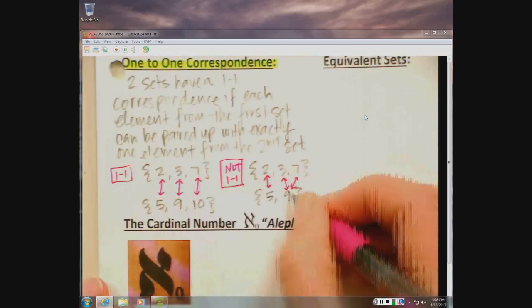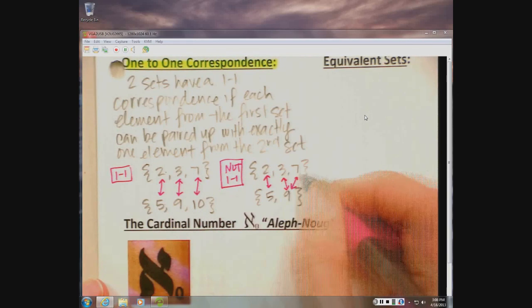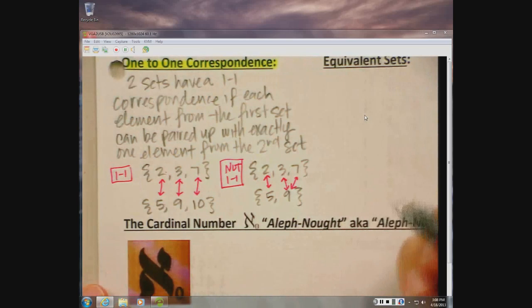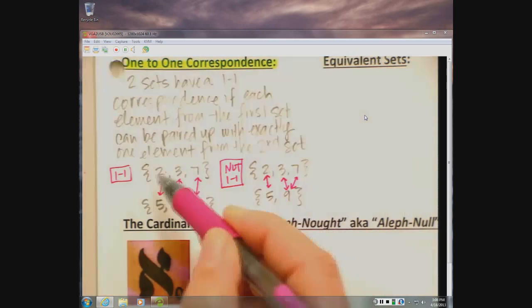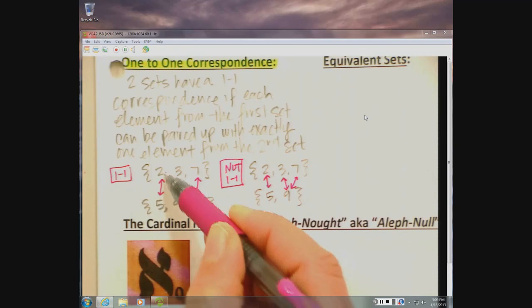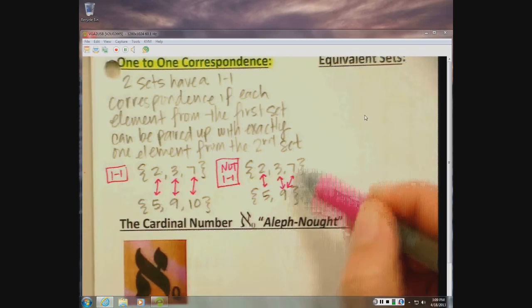Here we have 9 that's trying to court 3 and 7. If we stick with this analogy of one-to-one and speed dating, which is so great for math, right? Okay. So one-to-one correspondence, every element in one set can be paired up with exactly one element from the other set. None of this double dipping here.